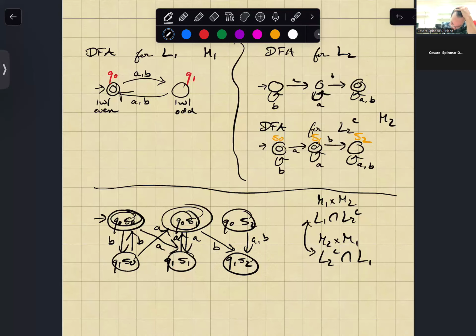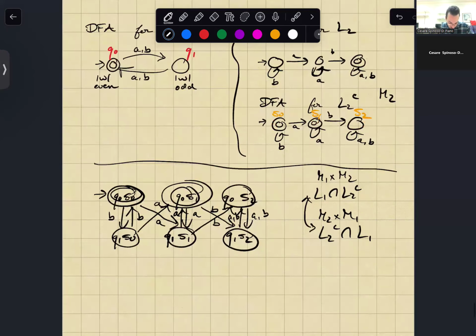If I have a B at S1, then I go to S2 in the Q0 row. And then if I'm at Q1, S2, yeah, this is kind of like a dead state. If I'm at Q1, S2, if I read A or B, I go back to Q0 from Q1, and for S2, I also go to S2.